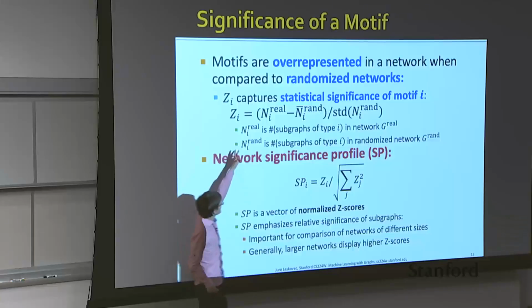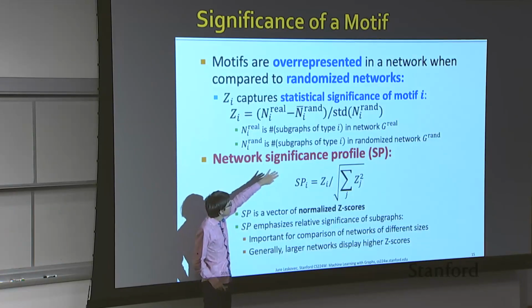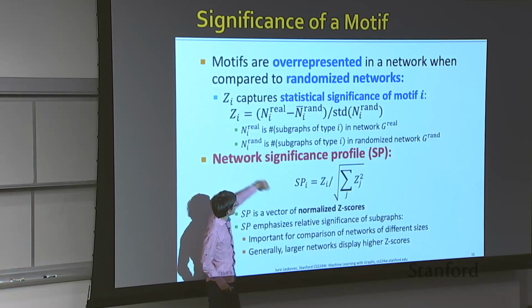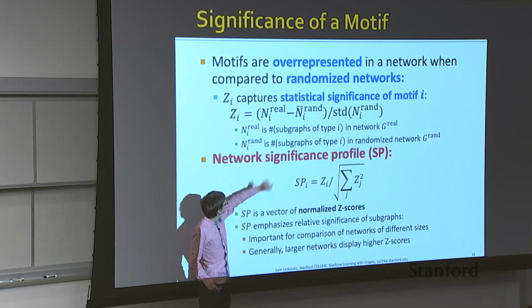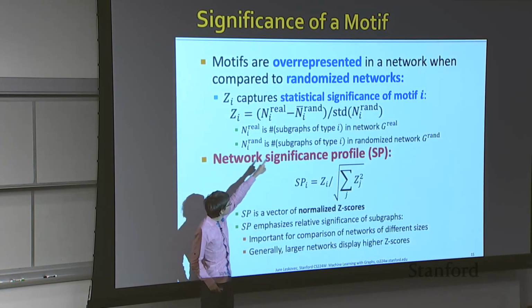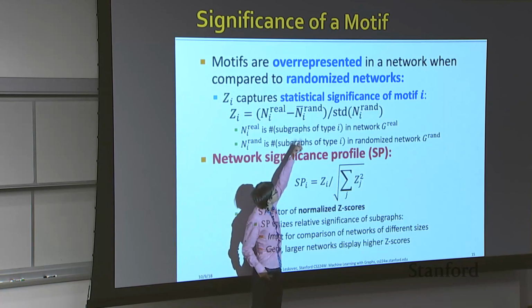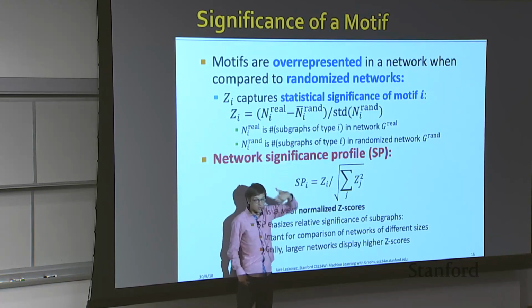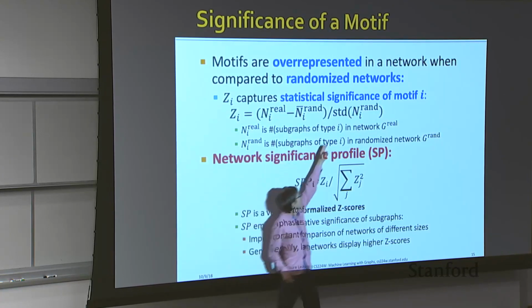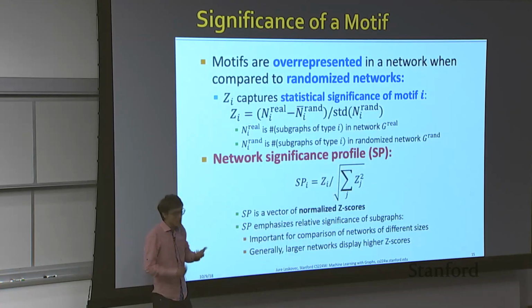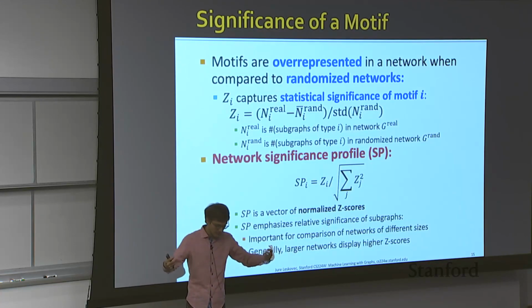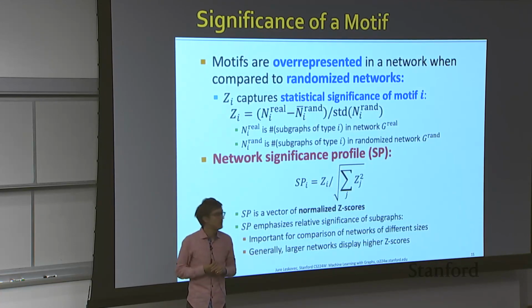So N_real is the number of subgraphs of type i in the real network, and N_random is the number of subgraphs in the random network. The z-score is the difference, where this is the average over all the instances of random graphs, and this is the standard deviation over all the instances of a random graph. So essentially, I'm measuring the difference in units of standard deviation.